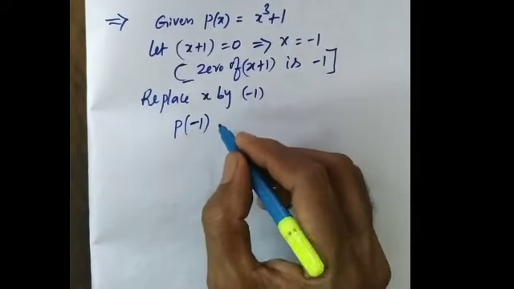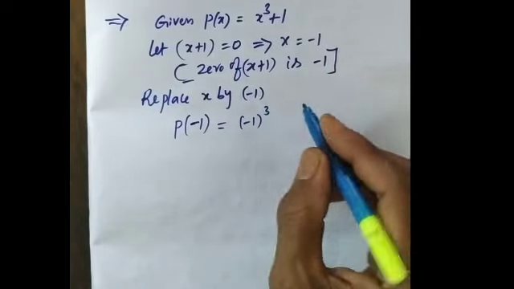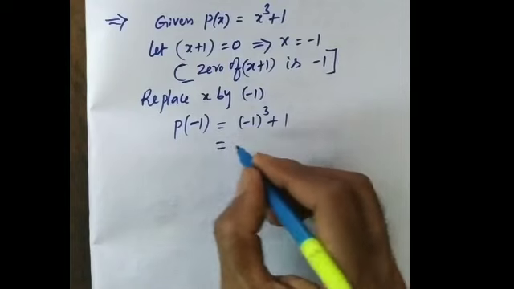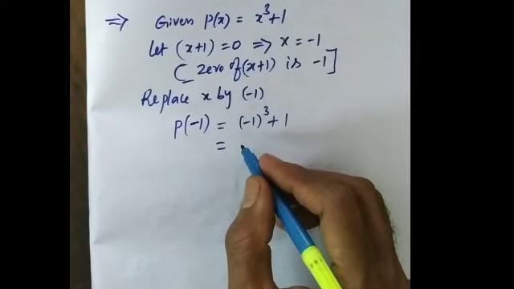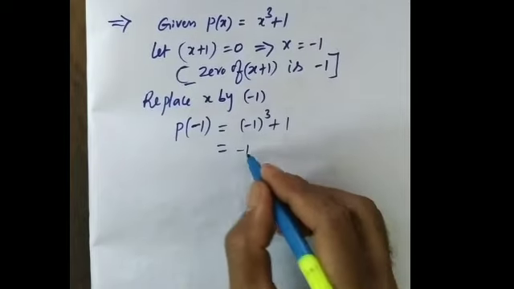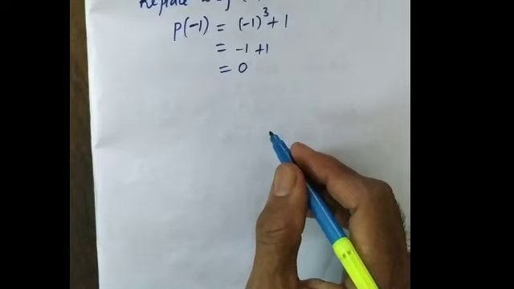Then p of minus 1 equal to minus 1 whole cube plus 1. Now minus 1 to the power 3, with 1 as the base, gives minus 1. So minus 1 plus 1 is 0.